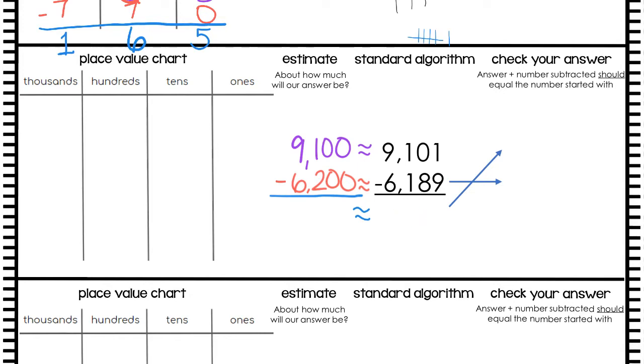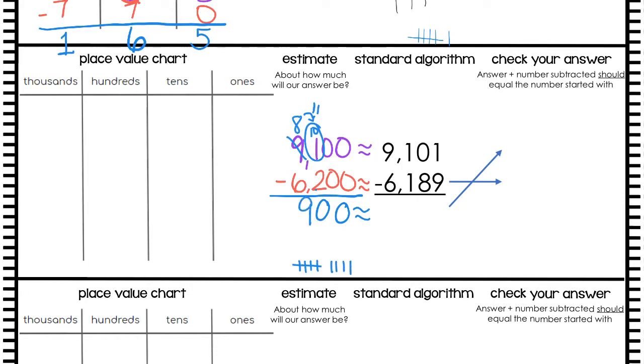If I subtract these, I have 0 minus 0 is 0. 0 minus 0 is 0. 100 minus 200 I can't do, so I'm going to have to come over here and regroup. So I'm going to regroup into 8,000s plus 1000s. 10 plus 1 is 1100s. 1100s minus 2, I'm going to count up from 2. 2, 3, 4, 5, 6, 7, 8, 9, 10, 11.